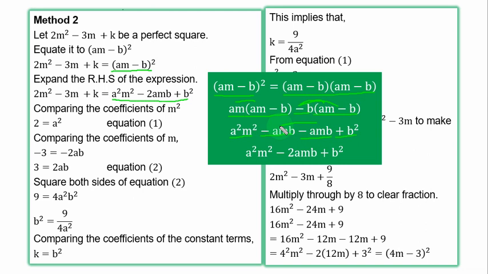Like you say you have minus 1, minus 1: you are owing one person 1, another person 1, so you are owing 2 altogether. So minus amb minus amb is minus 2ab. So the final result there is a squared m squared minus 2ab m plus b squared. So that is what happened.